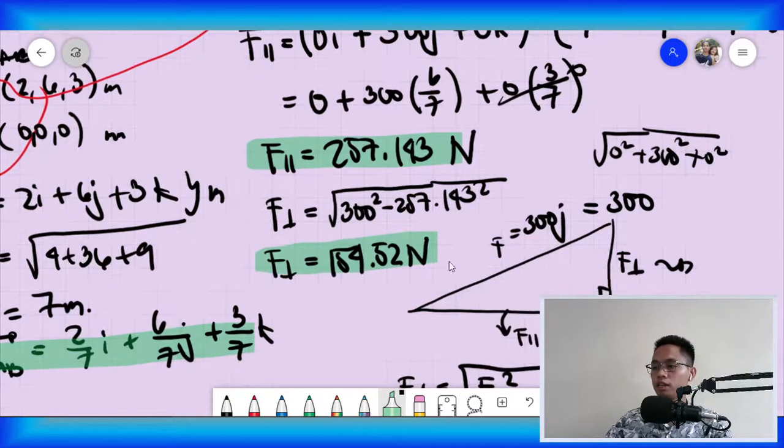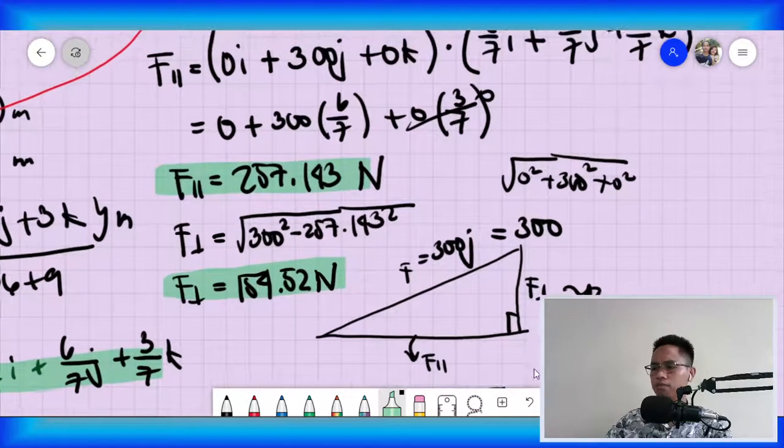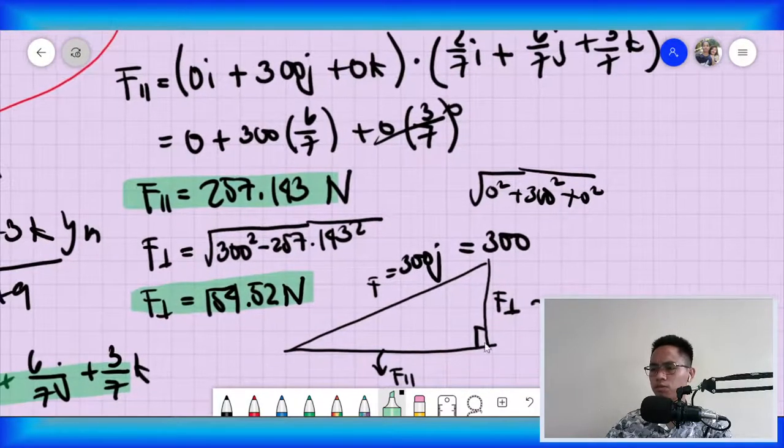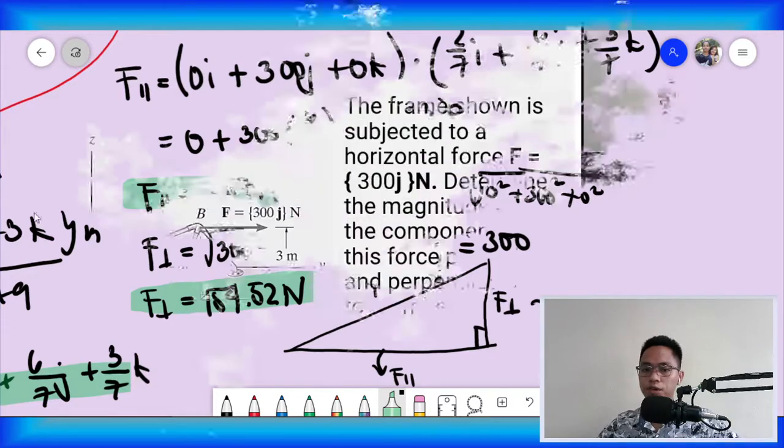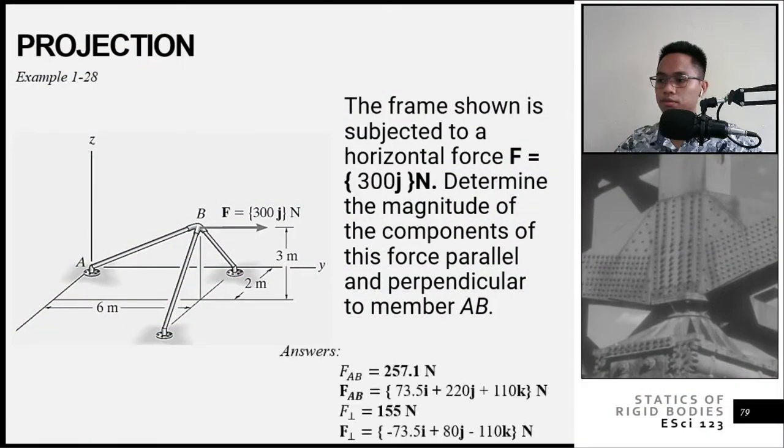And that is our F perpendicular. Again, you just multiply it by the unit vector, and that would be the Cartesian form. Anyway, let's check if our answer is correct. Our F parallel is 257.1 Newton and our F perpendicular is 155 Newton.